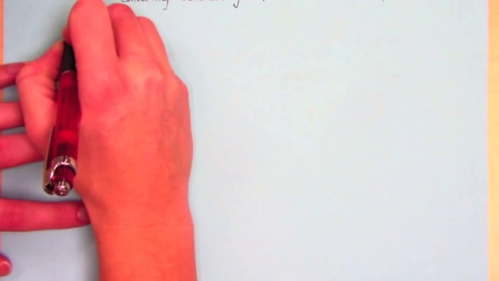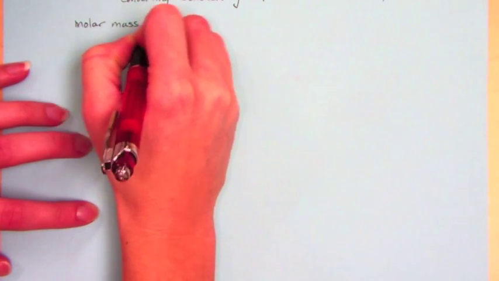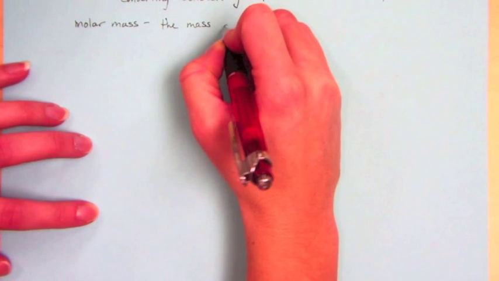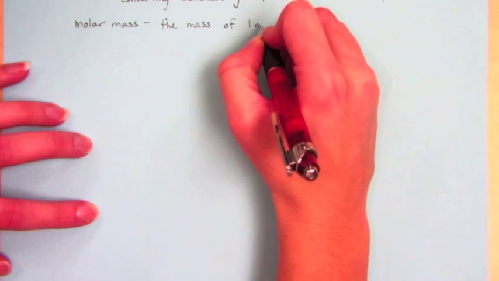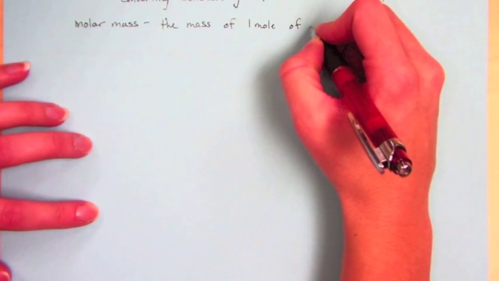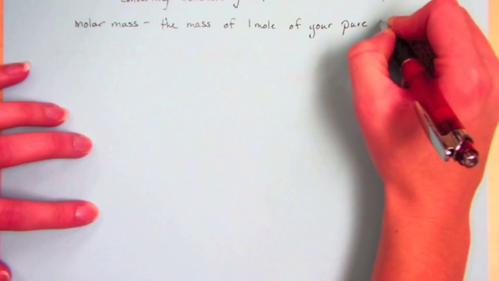And this proportion centers around what's called the molar mass. So we have a molar mass, and this is the mass of 1 mole of your pure substance.